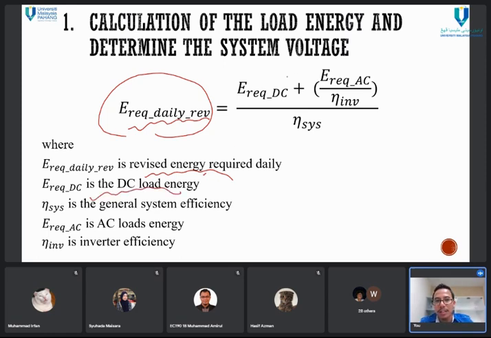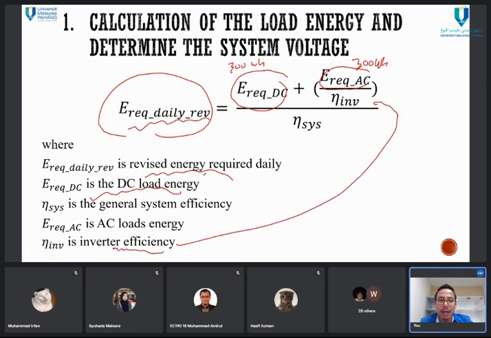So this is the DC load energy. For example, just now we have the 300 watt hours. And this is the AC. Same, we have 300 watt hours also, but we need to divide it by the inverter efficiency. If it is 85%, then 0.85. If 90%, then 0.9.